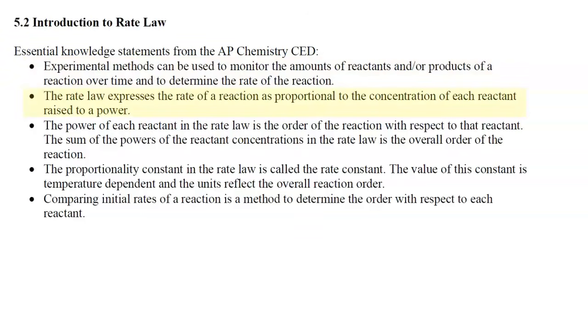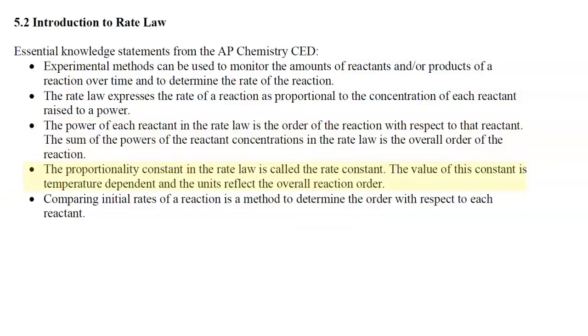The rate law expresses the rate of a reaction as proportional to the concentration of each reactant raised to a power. The power of each reactant in the rate law is the order of the reaction with respect to that reactant. The sum of the powers of the reactant concentrations in the rate law is the overall order of the reaction.